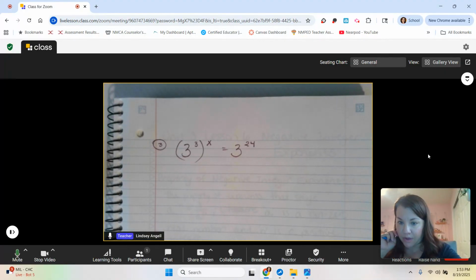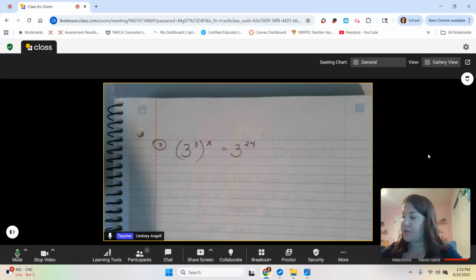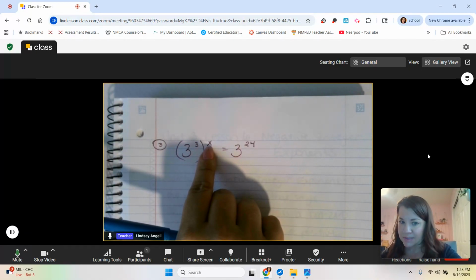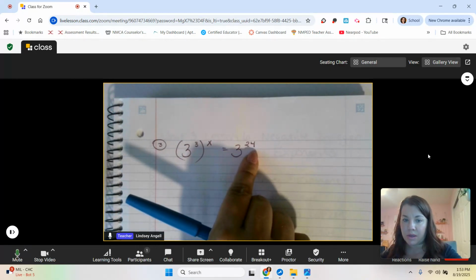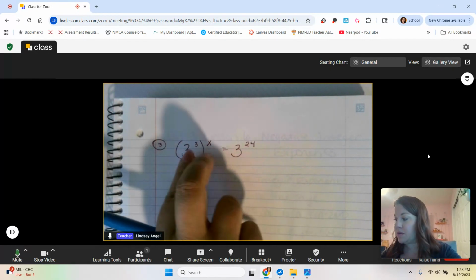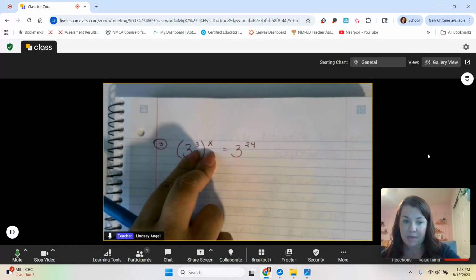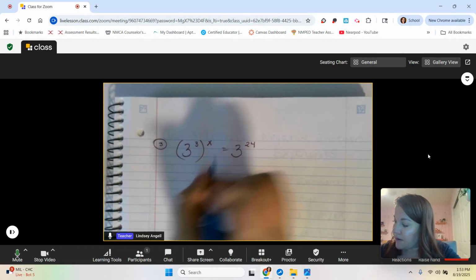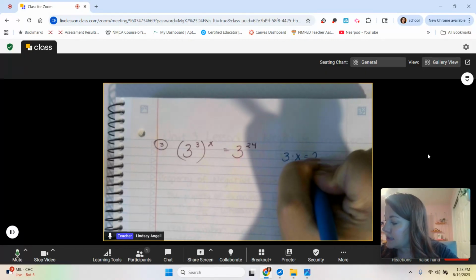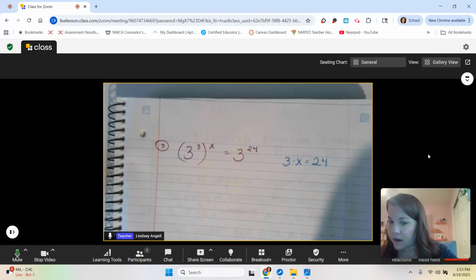Alright, this time I have it already kind of filled out. We've got 3 to the 3rd power, 3 cubed, to the x power is equal to 3 to the 24th. Well, if we're using that power rule of exponents, we know that we can multiply these together. So I could say 3 times x equals 24.